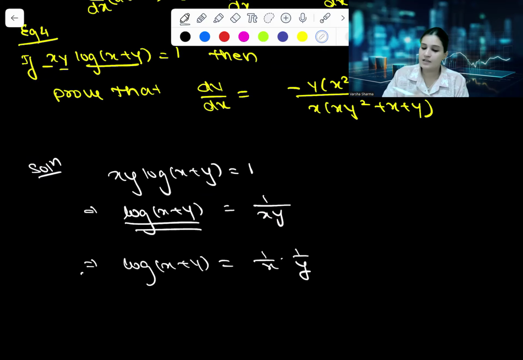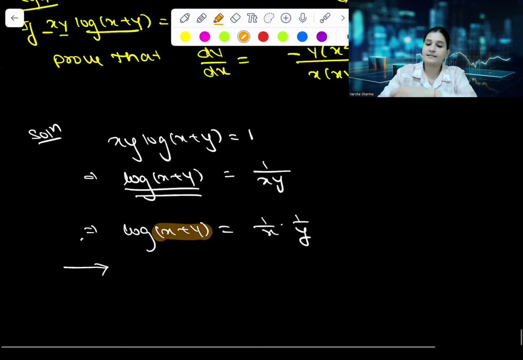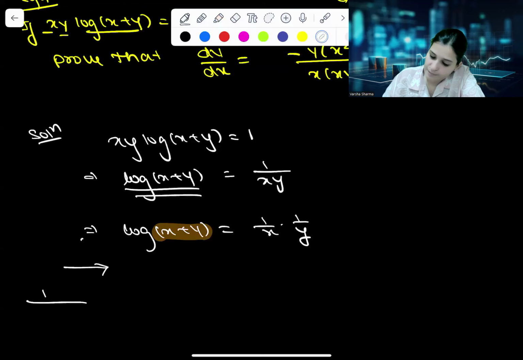Let's differentiate both sides. So log x gives 1 by x into the differentiation of this term.